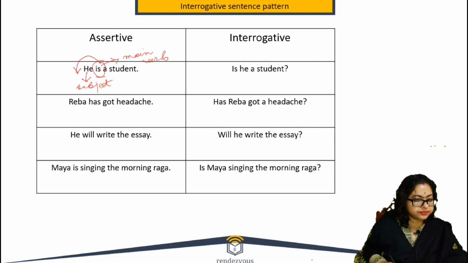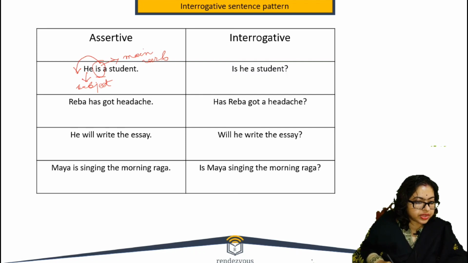So here is the main verb which happens to be the be verb, and he is the subject, and the main verb which is a be verb goes before the subject. And the sentence here is, is he a student? I have just put the be verb before the subject here.